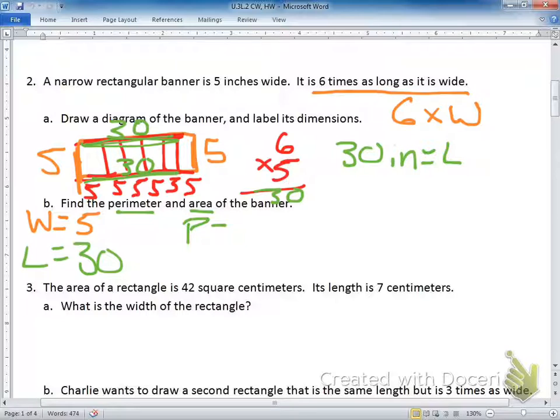Perimeter, like I said before, equals length plus width plus length plus width. Sorry about that. So as a reminder, perimeter equals length plus width plus length plus width. So if we fill in our numbers, our width is 5 and our length is 30.